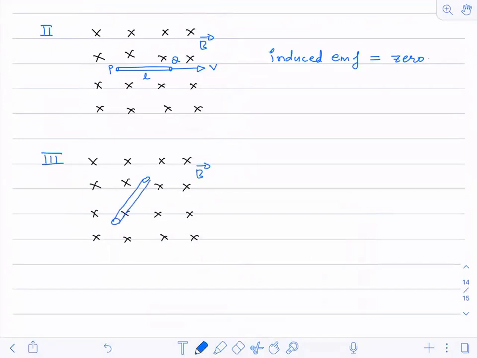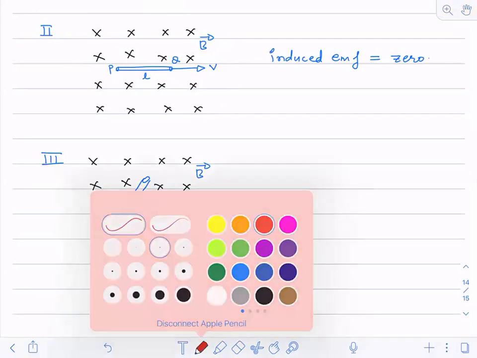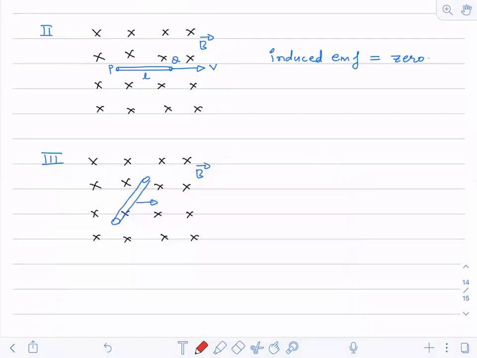Understood? We are bending it slightly like this. So when you bend it like this and the velocity is in this direction, what is happening? The L sine theta component, where theta is this angle.